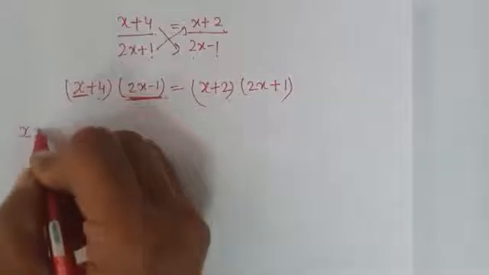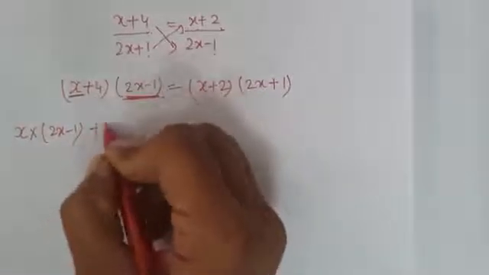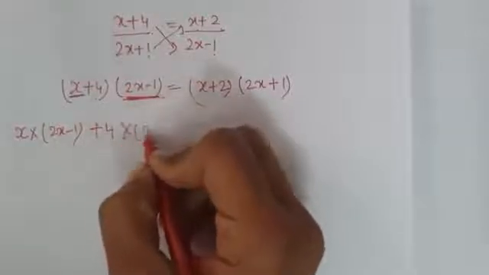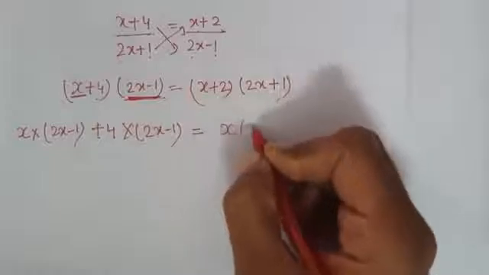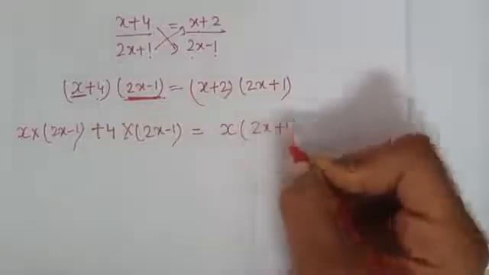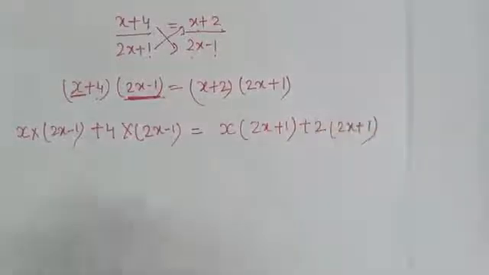x multiply 2x minus 1 plus 4 multiply 2x minus 1. Same here, x times 2x plus 1, plus 2 times 2x plus 1.